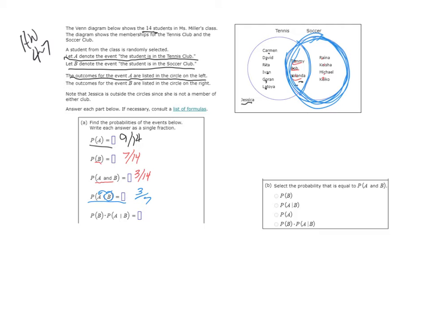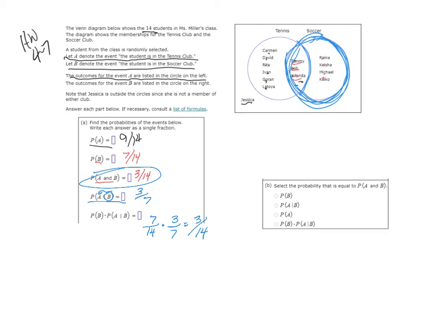And then last, we would have probability of B, which is 7 out of 14 times 3 out of 7, would give us, if I simplify it, 3 out of 14, which is the same thing as this right here.